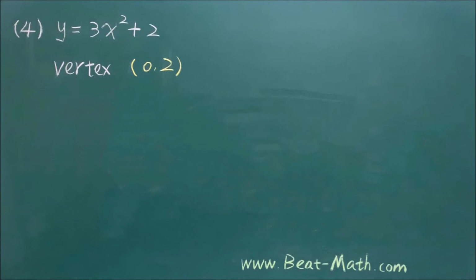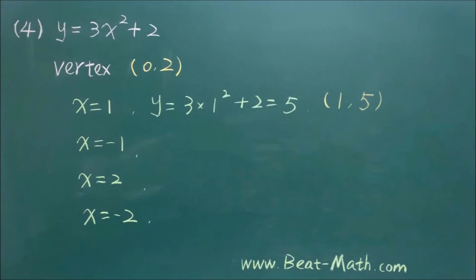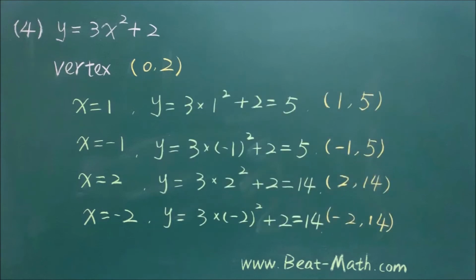Besides, the y-intercept (0, 2) is the same point as the vertex point. So we can take the points whose x-coordinates are 1, negative 1, 2, and negative 2 and get the 4 points, (1, 5), (-1, 5), (2, 14), (-2, 14), and can graph the function.